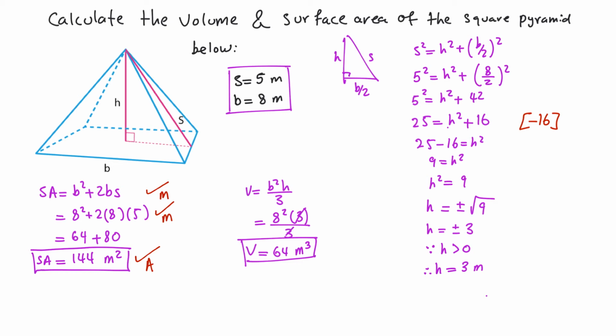I then looked at my volume and I had the b value, which was the length of the side of the square, but I did not have my height, so I had to use Pythagorean Theorem to find that. And once I found the h value, I just plugged it back into the equation and I got my volume.